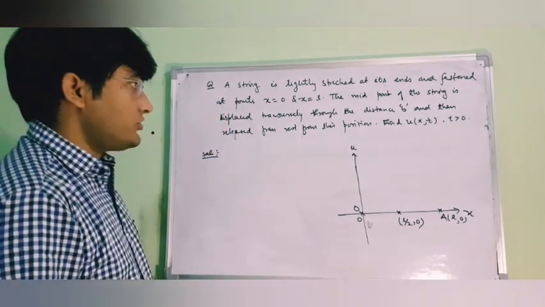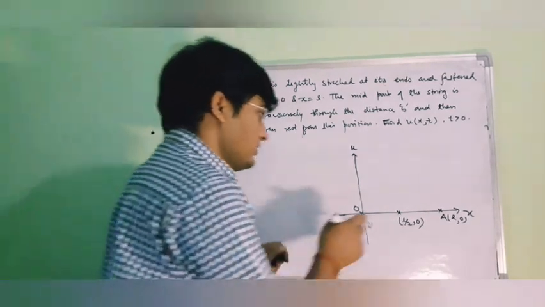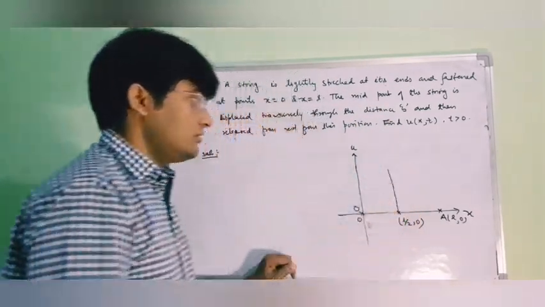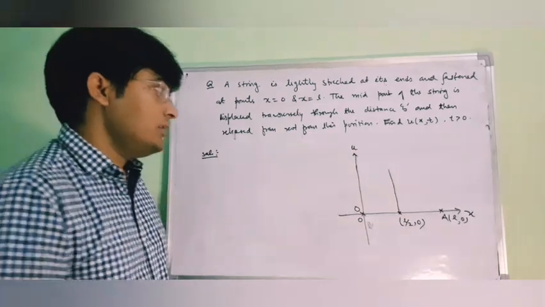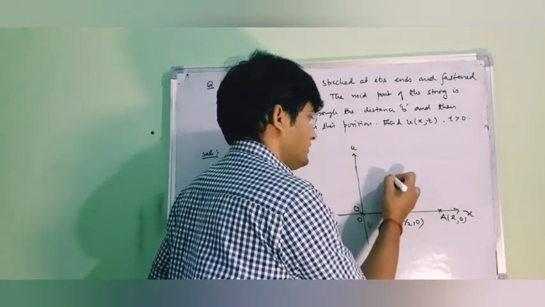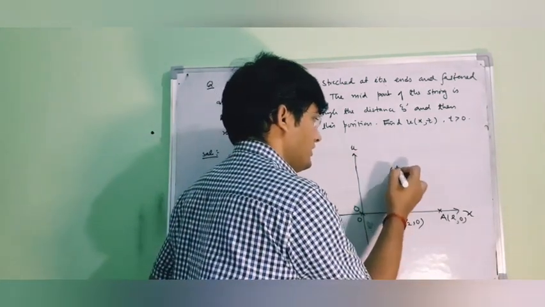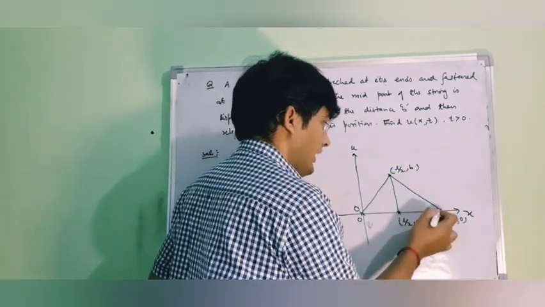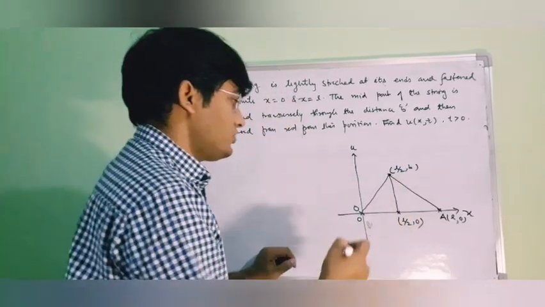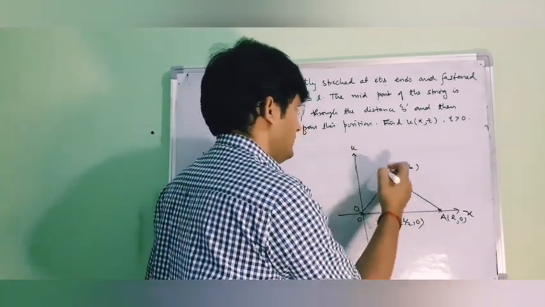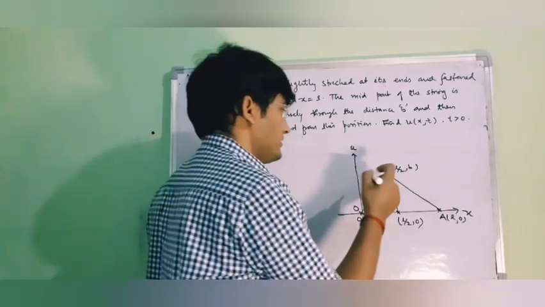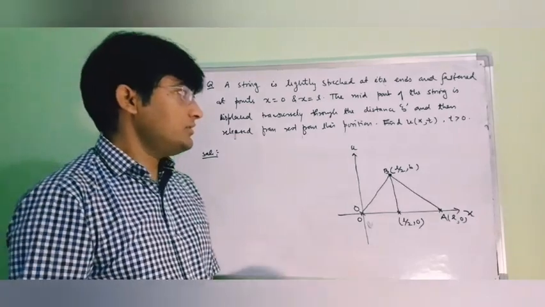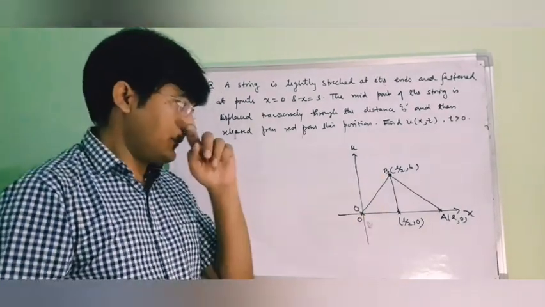The midpoint of the string is displaced transversely through the distance B. If the string is displaced transversely by the distance B, then this will be your L by 2 comma B. And now from this position your string is released from its rest position. So find the displacement after some time t.